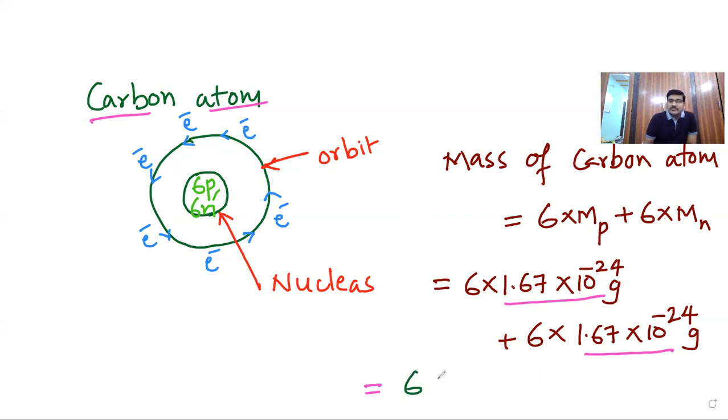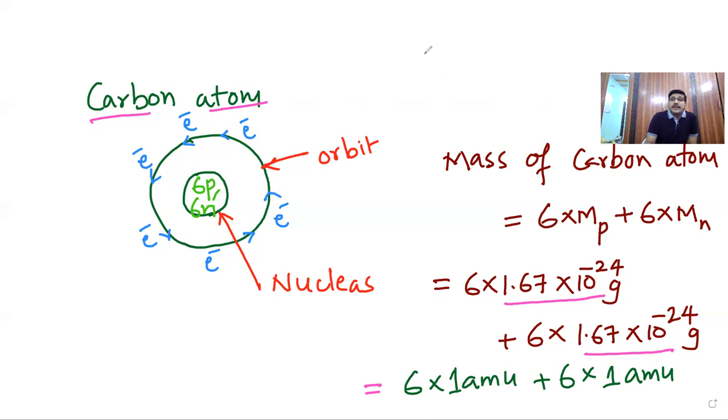So 6 into 1 amu plus 6 into 1 amu, since the mass of proton is also 1 atomic mass unit. Clear?